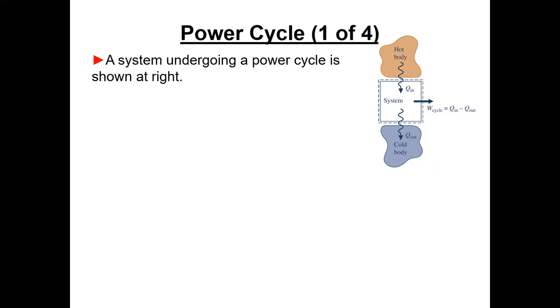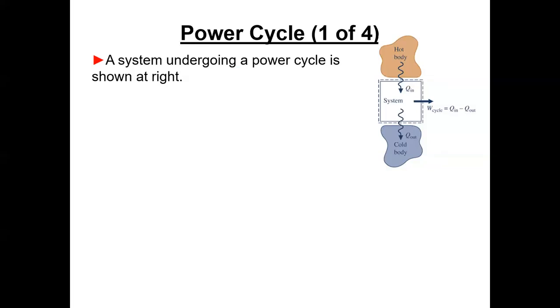We transfer an amount in, and that's an amount, Qin, a certain amount of energy. And then we're going to reject a portion of that heat to a cold body, because we'll see the second law requires that. We can't have 100% conversion of that Qin, the energy coming in at the high temperature, into work.